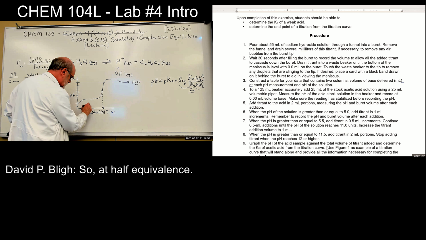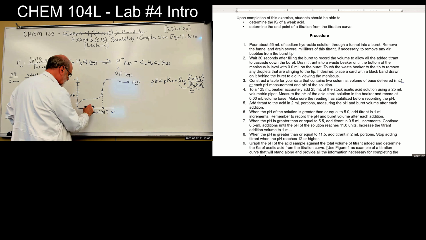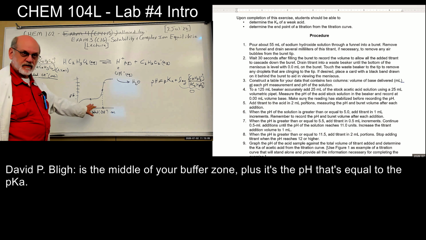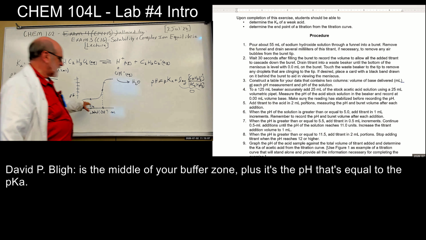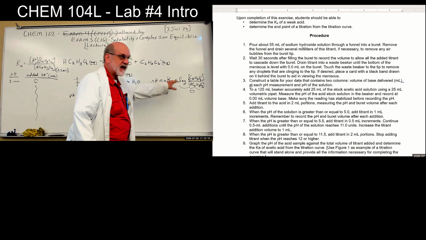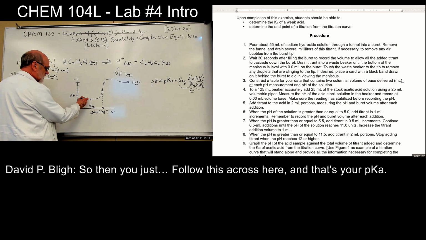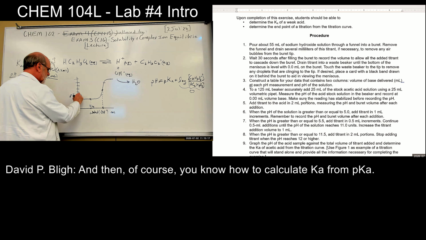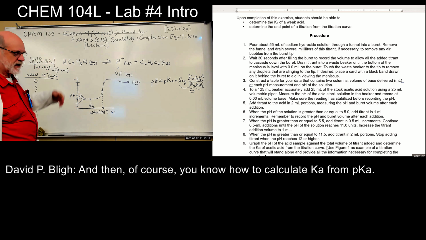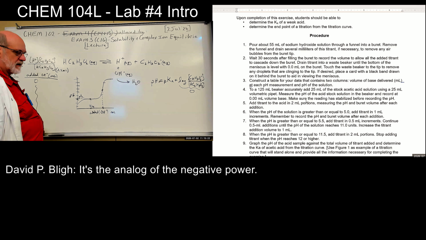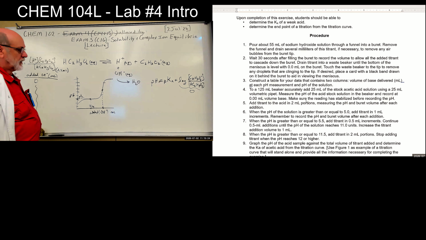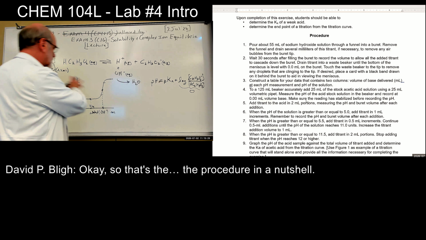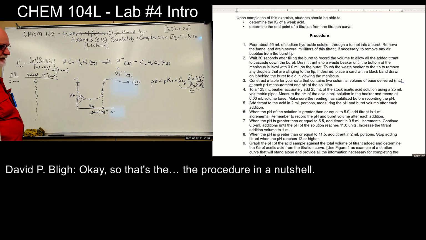So at half equivalence, right here, is the middle of your buffer zone, plus it's where the pH is equal to the pKa. So then you just follow this across here, and that's your pKa. And then, of course, you know how to calculate Ka from pKa. It's the anti-log of the negative power. Okay, so that's the procedure in a nutshell.